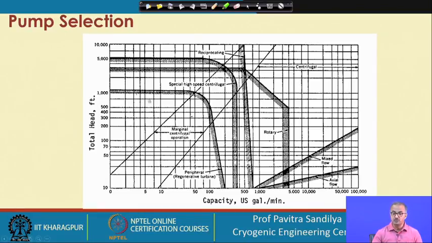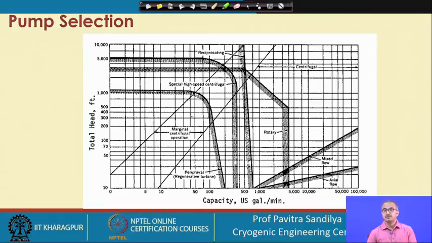If we know the head required and the capacity required, we can find out which kind of pump would be used, and you can see the various types of pumps given here: axial flow, mixed flow, rotary flow, then centrifugal, reciprocating, then high speed centrifugal, then there are other pumps, peripherals. So there are various types, and this is one of the representative guidelines.